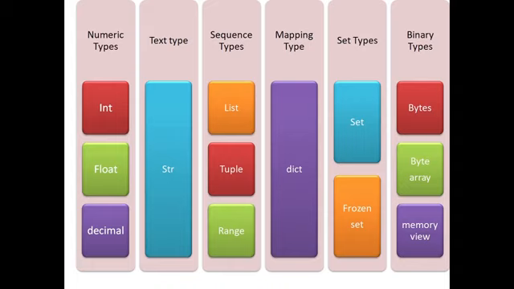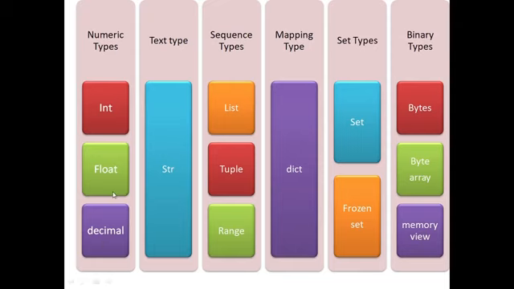It has different types like list, tuple, and range. We have a mapping data type, which is basically a dictionary, set types, basically set or frozenset, and binary types being bytes, bytearray, and memoryview. So let's go into how we work with the integer, float, or decimal data types.